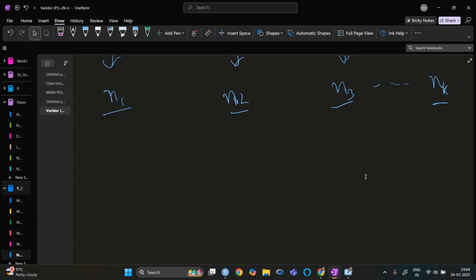Let's say in the current time, one of the reasons we can see is on the newspaper, AQI. AQI is basically the air quality index, along with the weather details.